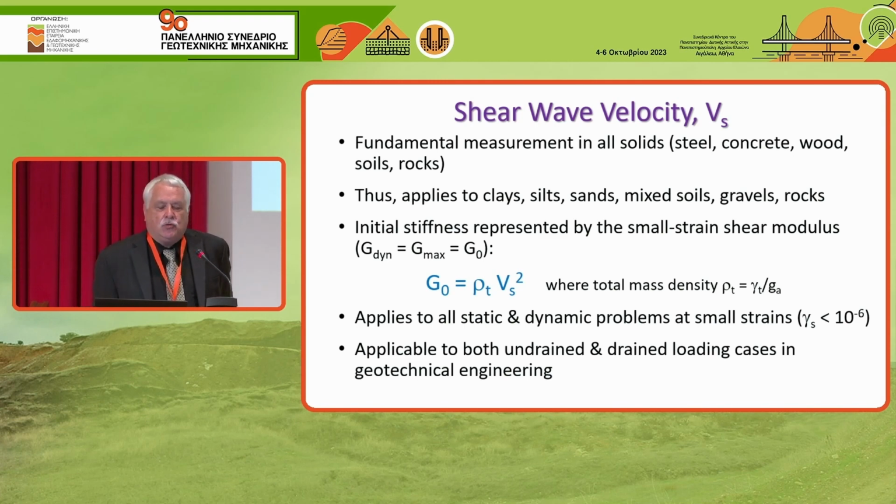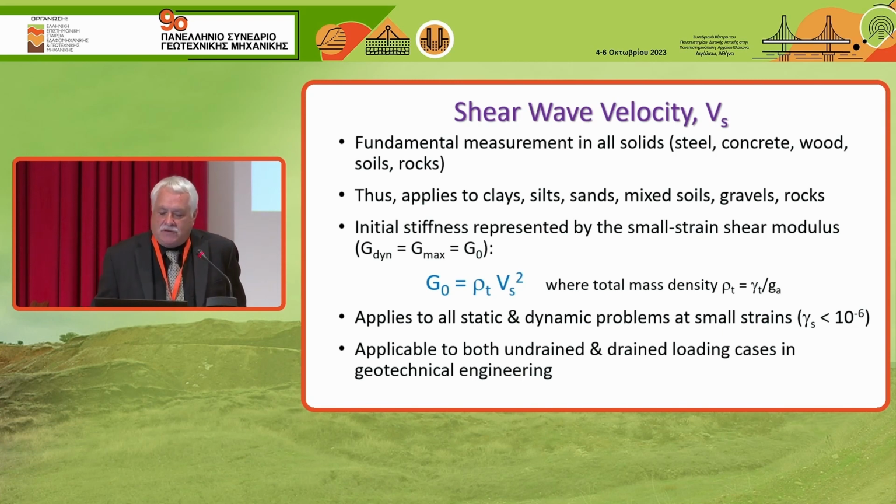If we take the shear wave velocity and square it times the total mass density, then we have what's called G naught, G0. It used to be called G max. The dynamic shear modulus, it's all of those. And originally it was applied only to dynamic geotechnical problems, but then we figured out, hey, it also applies to static, monotonic loading.